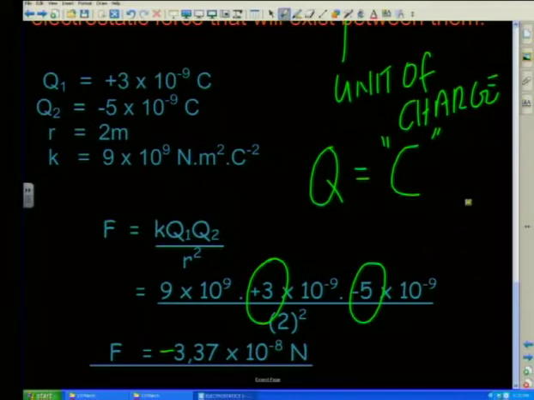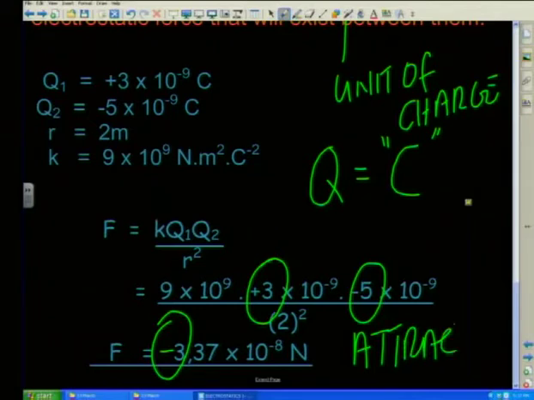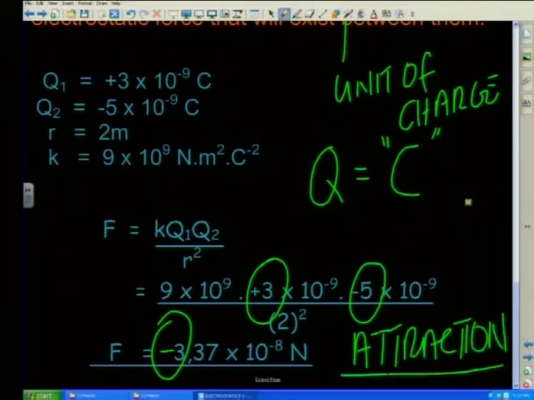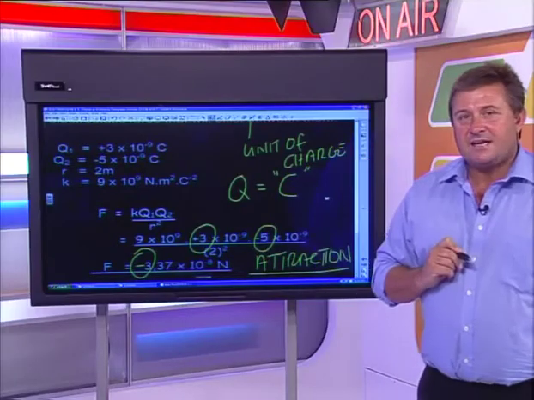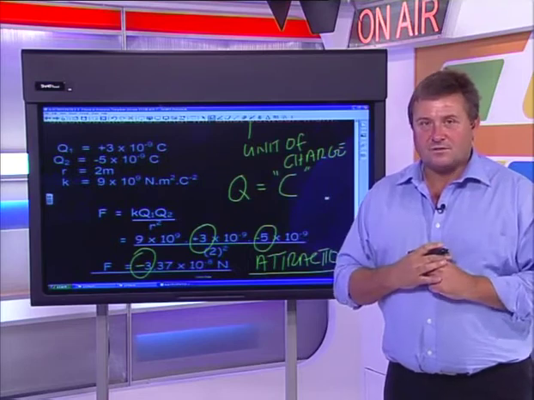So what does that negative value actually represent? Well, we've got a positive and a negative, so unlike charges. That represents attraction. So when we finish, we must interpret that negative sign by simply saying that it's an attractive force.